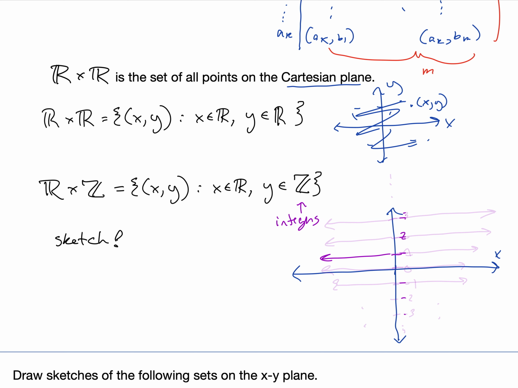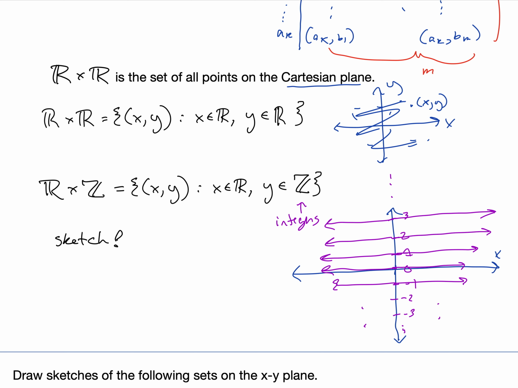So the y values can be 1, 2, 3, and so on, and also 0, -1, -2, -3, and so on. x can be anything, so x is the whole number line, but y can only be integers. So if we were sketching this set, it would look like infinitely many horizontal lines. This is what the set R cross Z would look like.